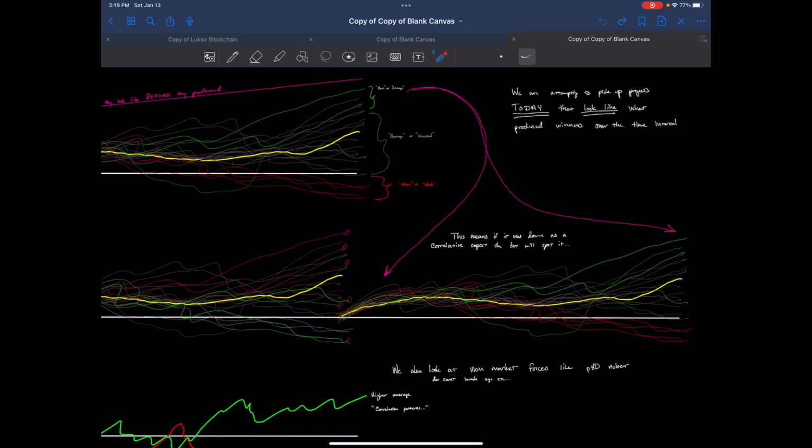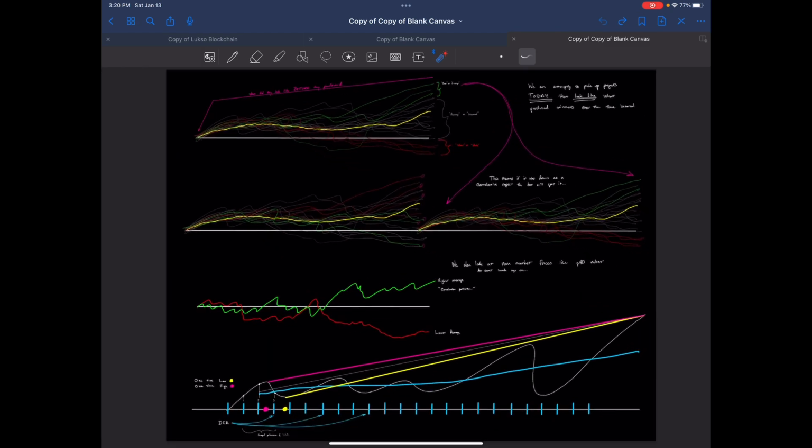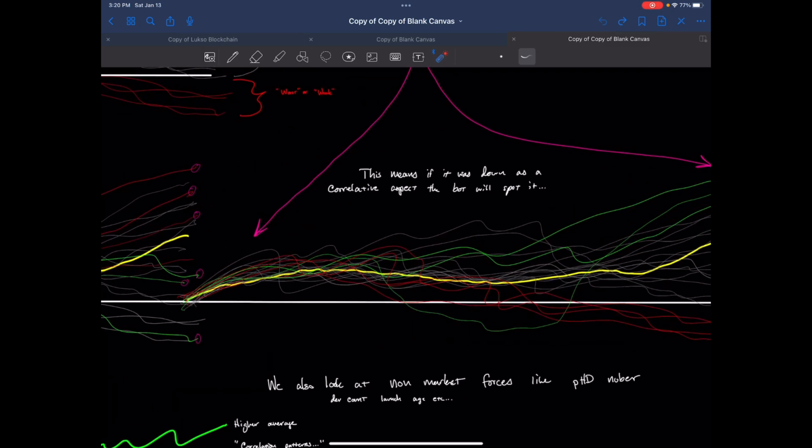It's not saying to hold or sell. The only information the bot is trying to clarify is what looks like the best today based on what they looked like before they performed. All right, so I'm hoping to make that clear. So what this means, if it was down as a correlative aspect, the bot will spot it.